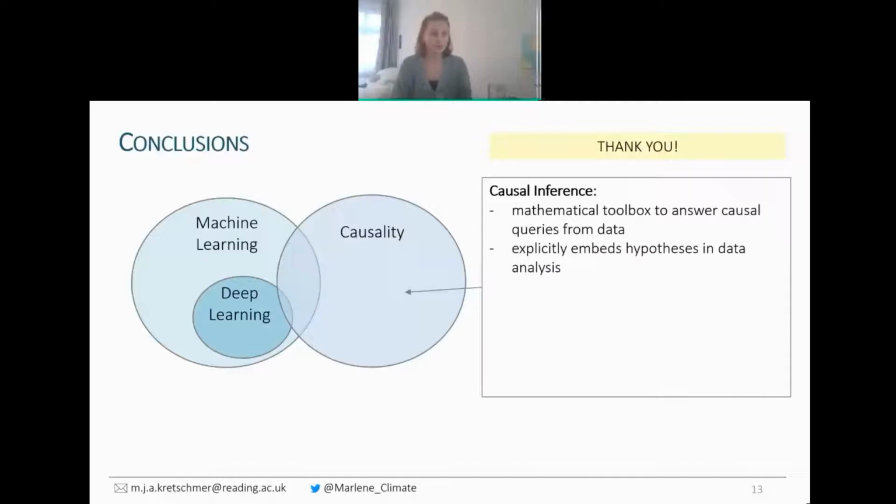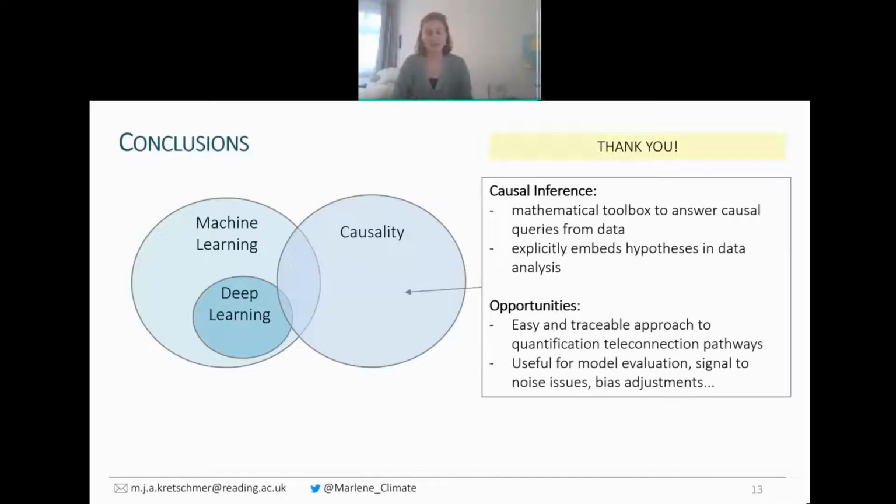But I think then, even while using very simple linear tools such as regression, there are a variety of different opportunities for how this can be useful. First of all, it gives a very easy and traceable approach to quantify teleconnection pathways. And this, of course, is then also useful for model evaluation, understanding signal-to-noise issues, bias adjustments, and so on.